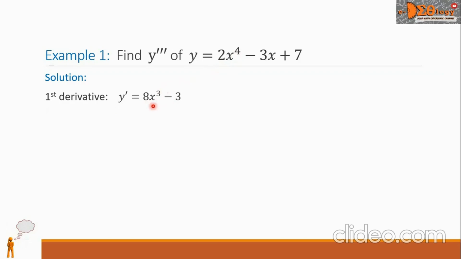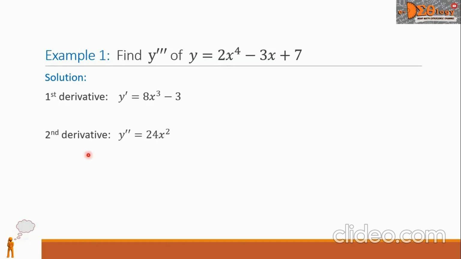So 8x cubed minus, the derivative of 3x is here 3, so minus 3. Plus, derivative of the constant 7 is 0, so we will not write anymore. Therefore, the first derivative is equal to 8x cubed minus 3.